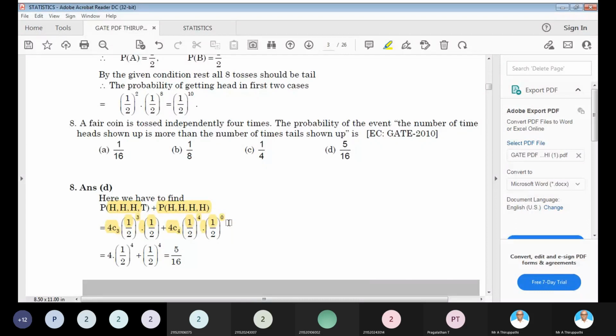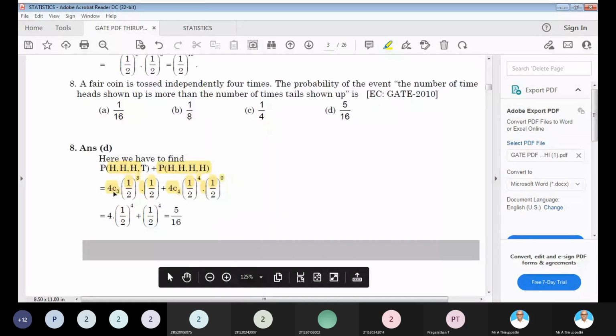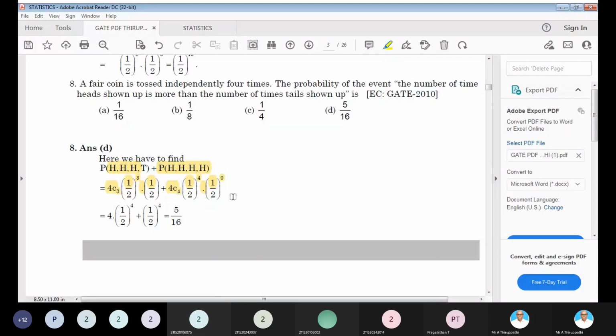You can use any one of the methods, we get the same answer. So 4C3 is nothing but 4, 4 into 1 by 2 to the power 4, plus 4C4 is nothing but 1, so 1 into 1 by 2 to the power 4. Here 4 times, here 1 time, totally 5 times 1 by 2 to the power 4. 1 by 2 to the power 4 is 1 by 16. So the answer is 5 by 16.